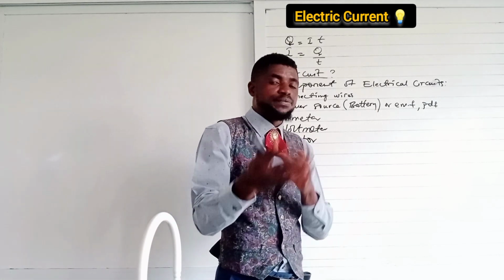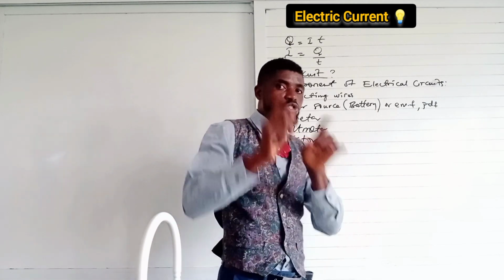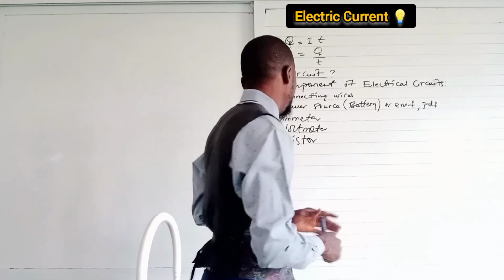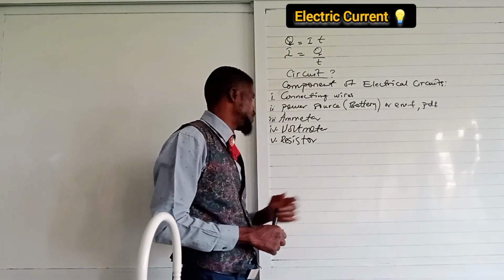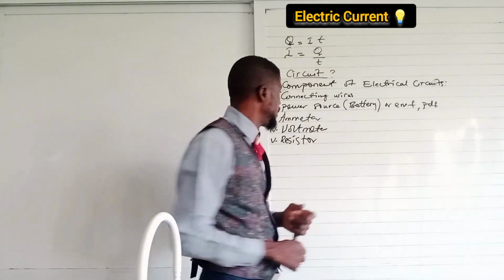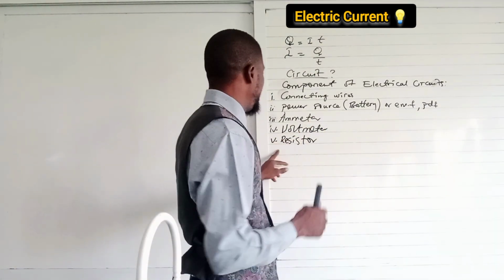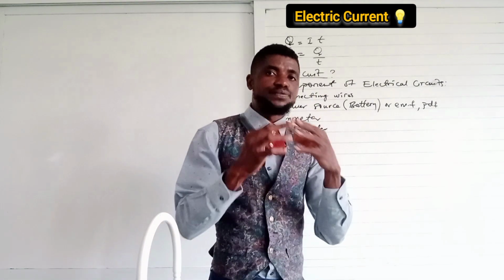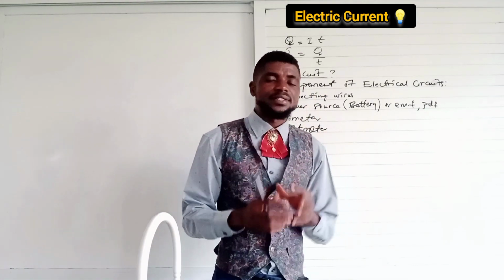It opposes the flow of the current. It does not stop the flow of the current. It only reduces the flow of the current. It is measured in the SI unit of ohm. And so we define the electrical resistor as an electrical component that opposes the flow of electric current in a circuit.